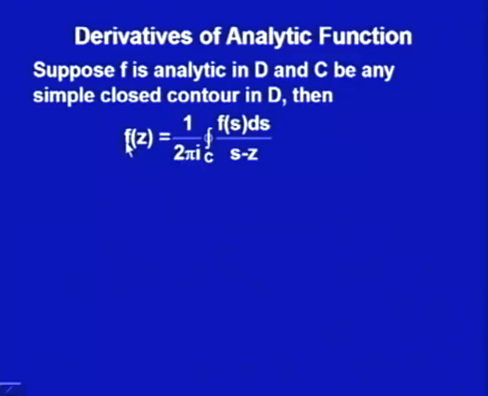Now here this small f, if I replace it with our small g from the previous result, what I would get is that f(z) would be analytic. This is what we are using now. This is a simple closed contour C, and this is a point z which is interior to this C. Then by Cauchy integral formula, we know that f(z) I can write as 1 upon 2 pi i integral along this contour C of f(s) upon s minus z ds, where z is an interior point.